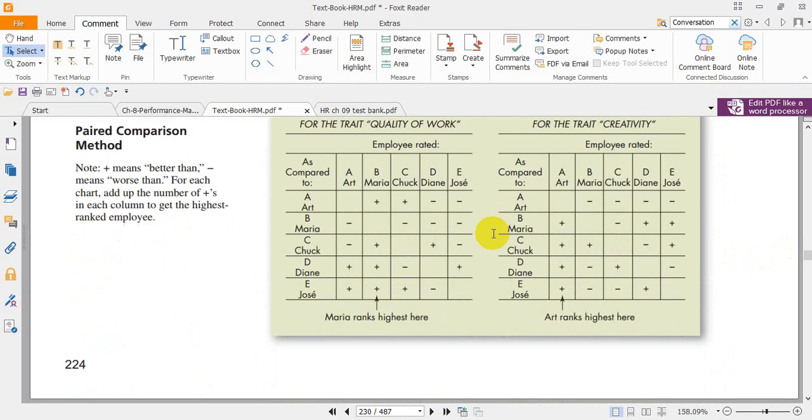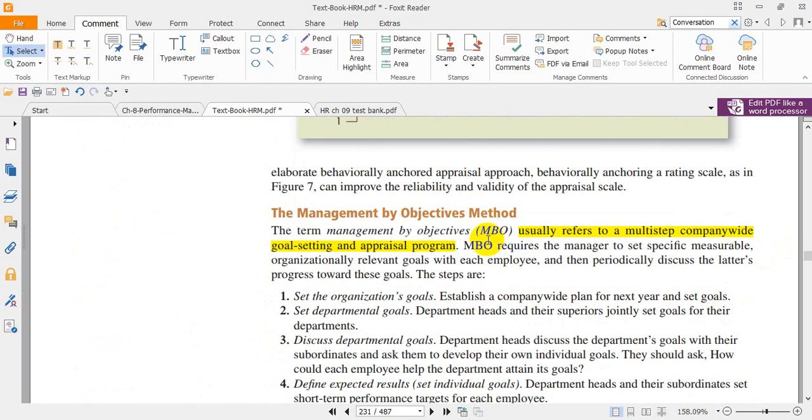Appraisal form in practice, as we see. The management by objective method is another method. The term management by objective, or MBO, usually refers to a multi-step company-wide goal setting and appraisal program.